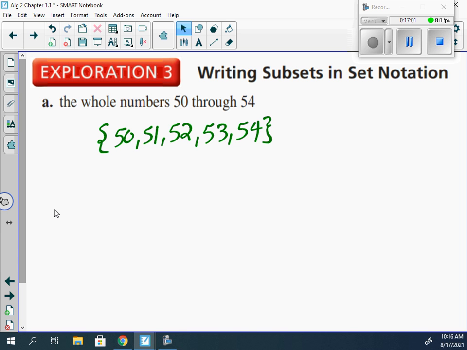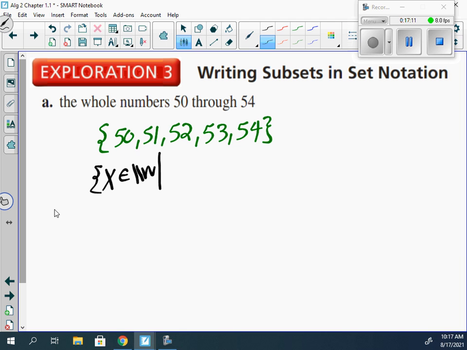I'll go on and write it in set builder, though you don't have to do this because it would be the set. So x in the whole numbers such that 50 is less than or equal to x is less than or equal to 54.